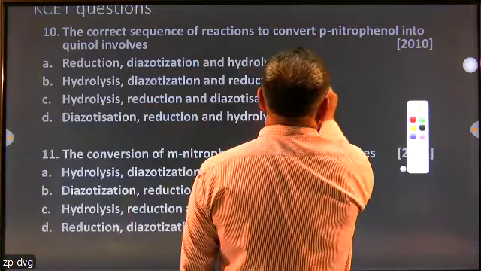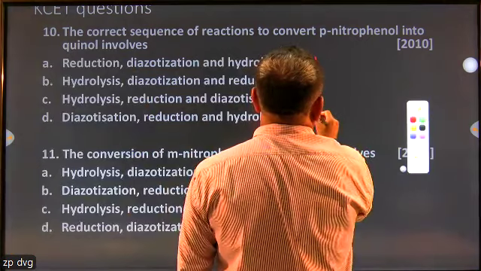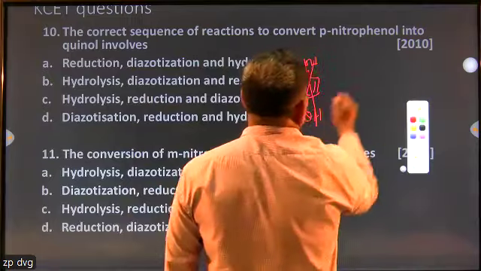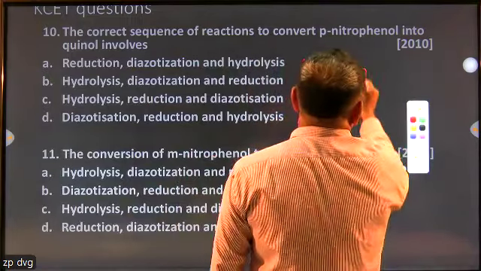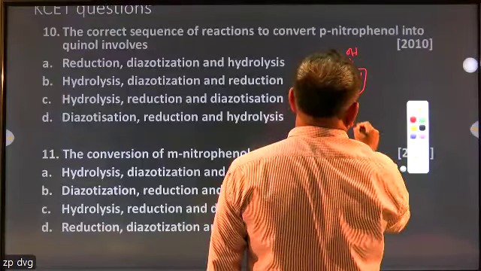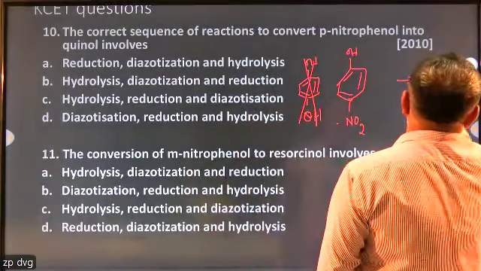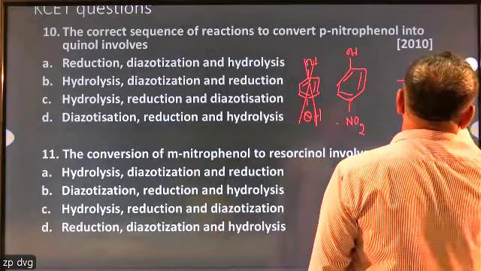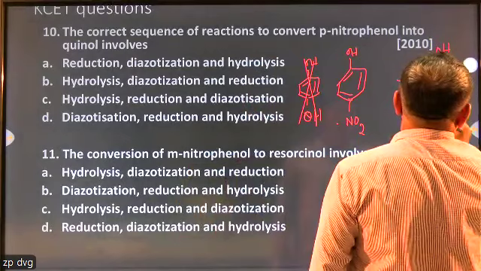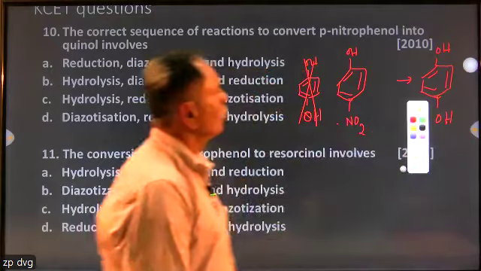Para-nitrophenol. So, this is para-nitrophenol. Now, you have to convert it into quinol. So, quinol has this structure. Now, you have to convert this NO2 group into OH group.